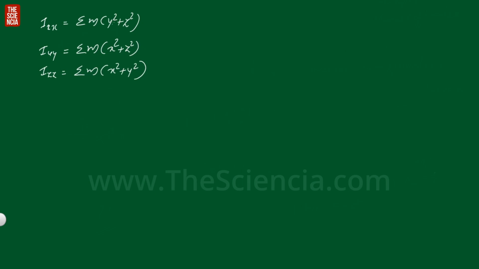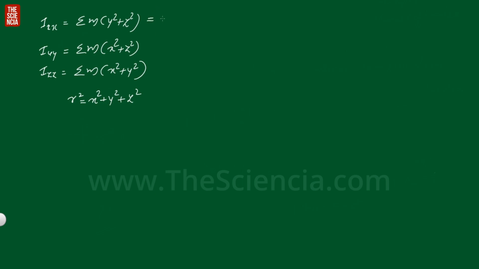I can rewrite this equation in another form because you know r square is equal to x square plus y square plus z square, right? Then here you see, only y square and z square are present. So if I subtract x square from r square, I get y square plus z square.